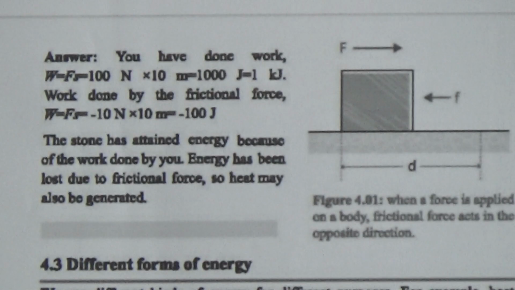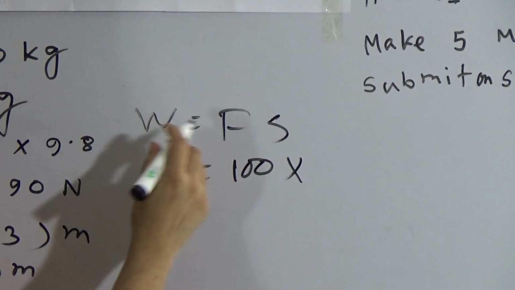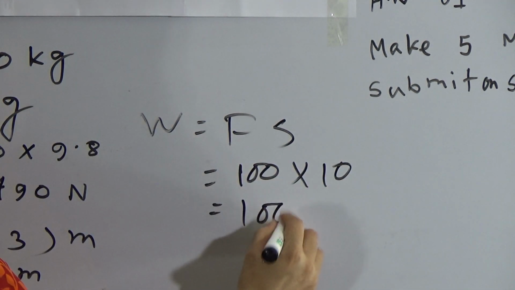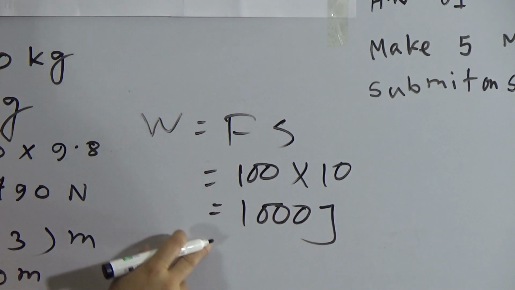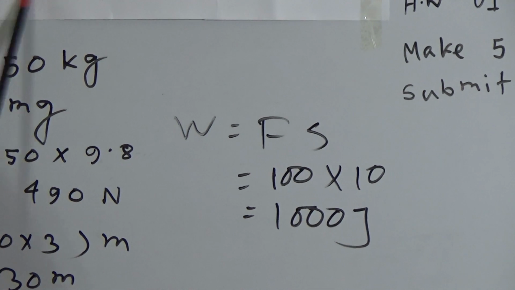Okay, now see, here given the work done by you, W equals Fs. That means the force is 100 Newton and the displacement is 10 meters. So 1000 joule is the work done by you. And what is the amount of work done by the frictional force?